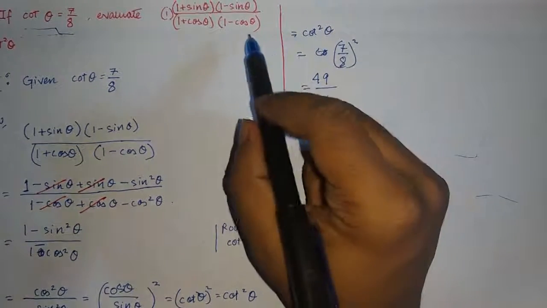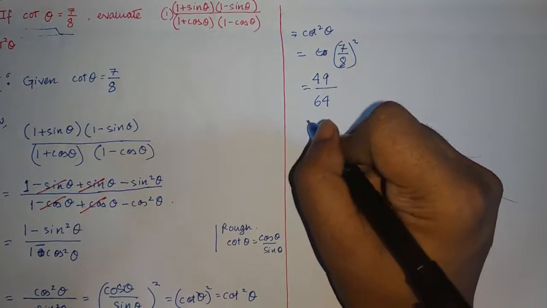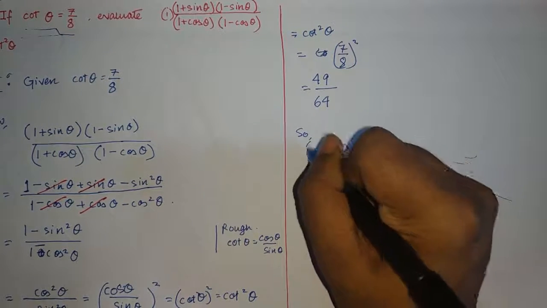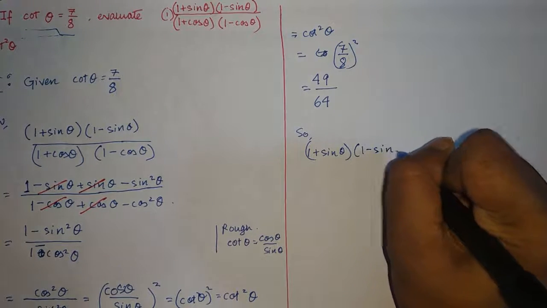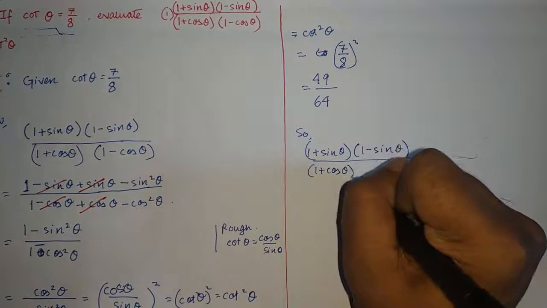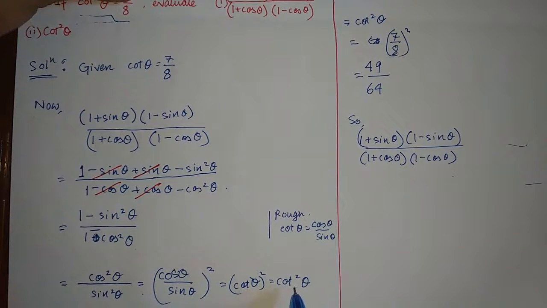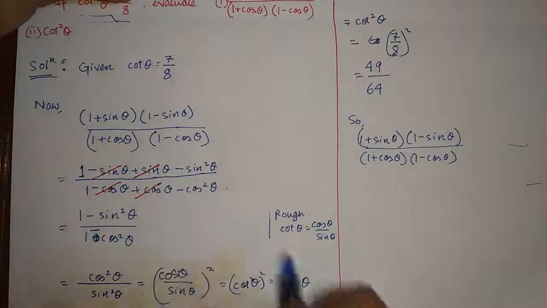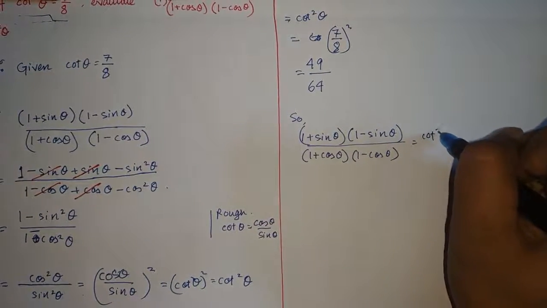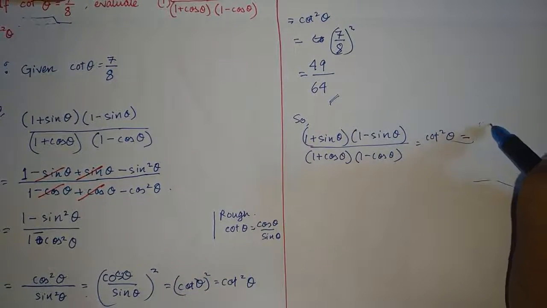So you find the value of this expression. 1 plus sin theta, 1 minus sin theta by 1 plus cos theta, 1 minus cos theta is equal to cos square theta by sin square theta, which is cot square theta, equals the value of this, which is 49 by 64.